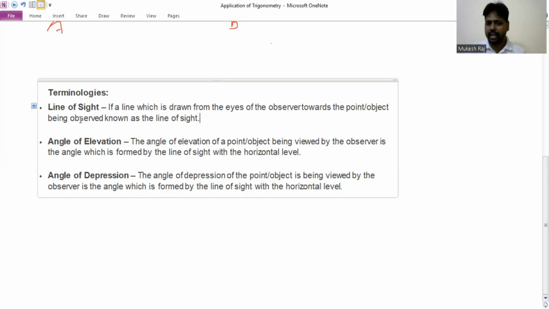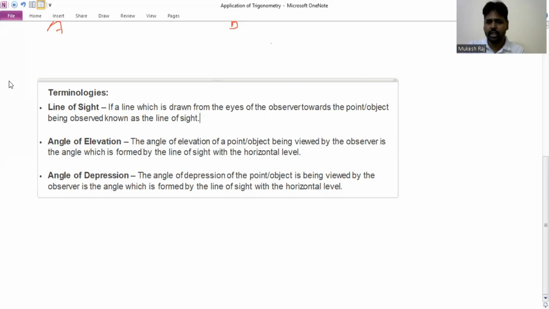Similarly, the angle of depression is the angle that is made by the line of sight with the horizontal level, when the object is viewed from the top towards the ground level. In both cases, this horizontal level plays a very vital role in identifying the angle of elevation and angle of depression.